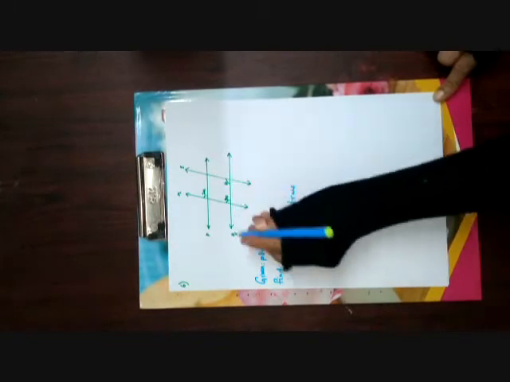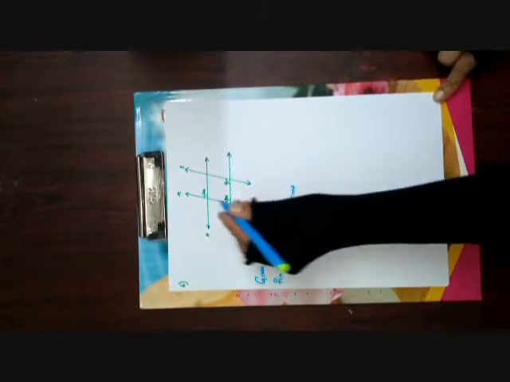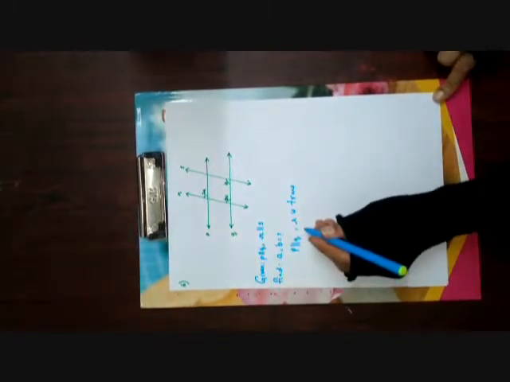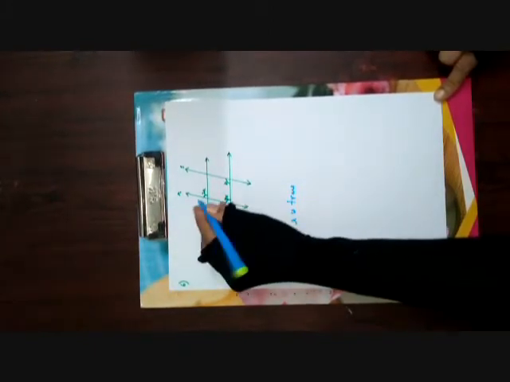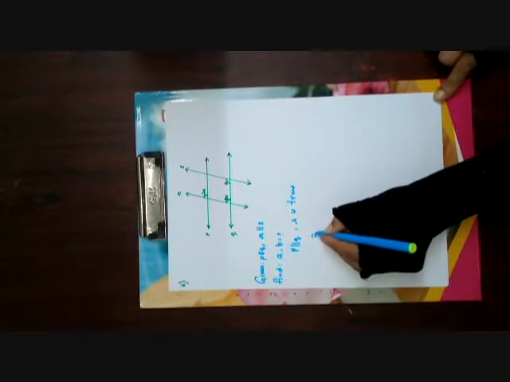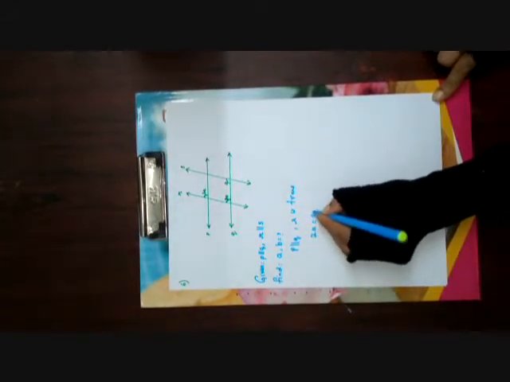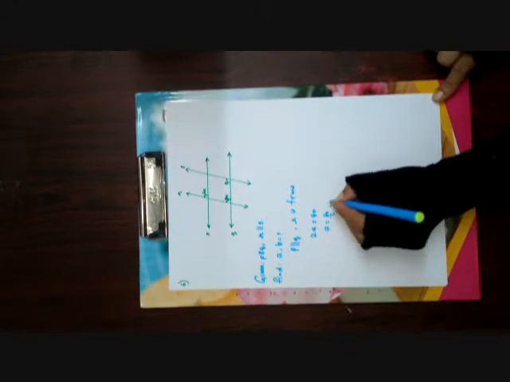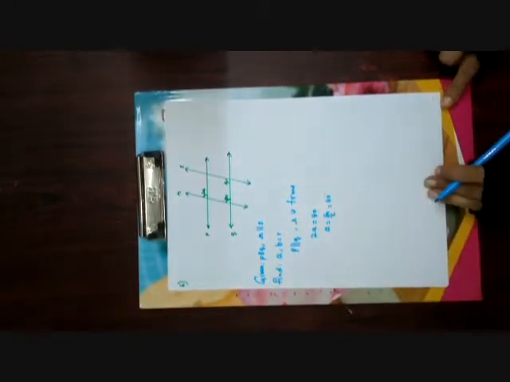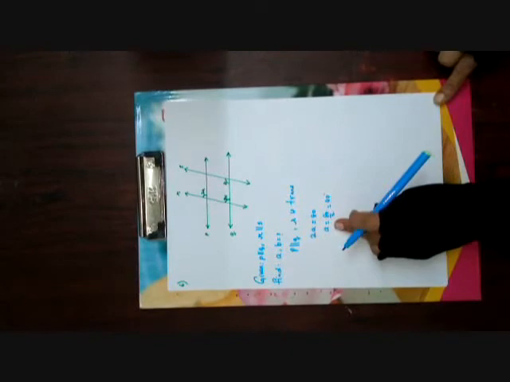When a transversal cuts a pair of lines, its corresponding angles will be equal. So these two angles are corresponding angles. Yes, they are corresponding angles. So can I say 2A is equal to 80? Yes. So A will be nothing but 80 by 2, that is equal to 40 degrees. With this, we have found the value of A.